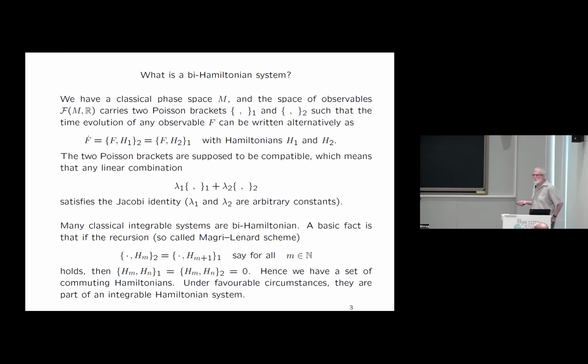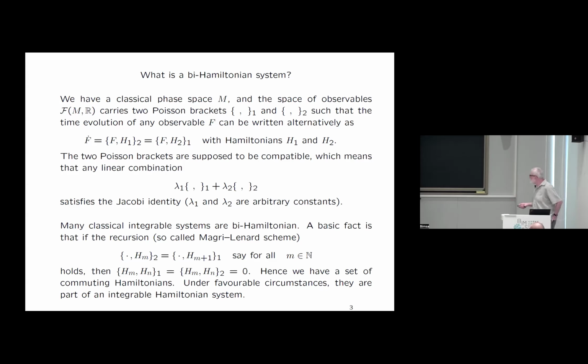So I mentioned that I will talk about Bi-Hamiltonian aspects of these kinds of models. So let me just recall, because maybe not everybody is working on this, what we mean by a Bi-Hamiltonian system. So we have some classical phase space, and the functions, say real smooth functions, are equipped with two Poisson structures, two Poisson brackets, in such a way that the time evolution of any observable can be written in Hamiltonian form with the two different Poisson structures and two different Hamiltonians.